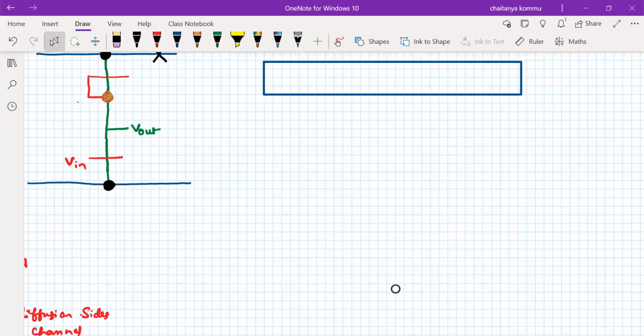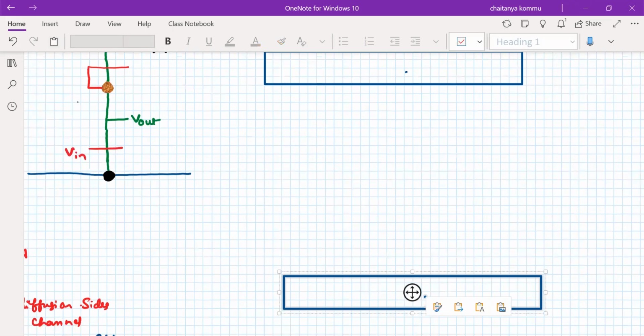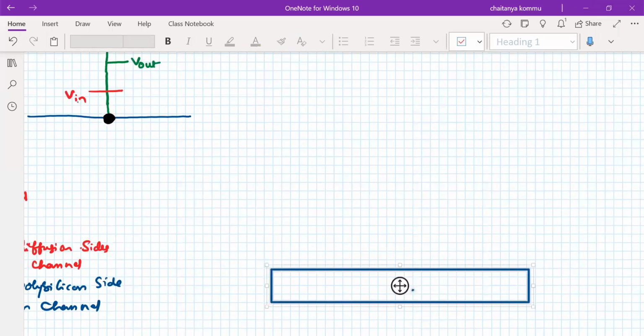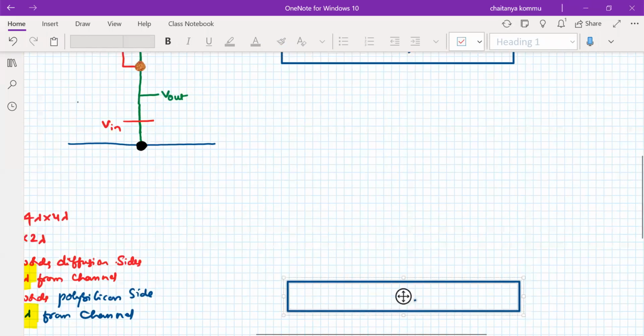Okay. Same thing I want to consider. Copy and then paste it here. Please understand how to draw the layout.